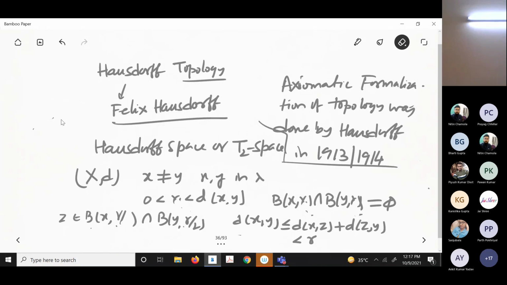So basically, the idea is, let me tell you that. What is the idea? Oh, it is coming to r plus r. Sorry, so it should be r by 2. This is fine. So here you take r by 2. Here you take r by 2.